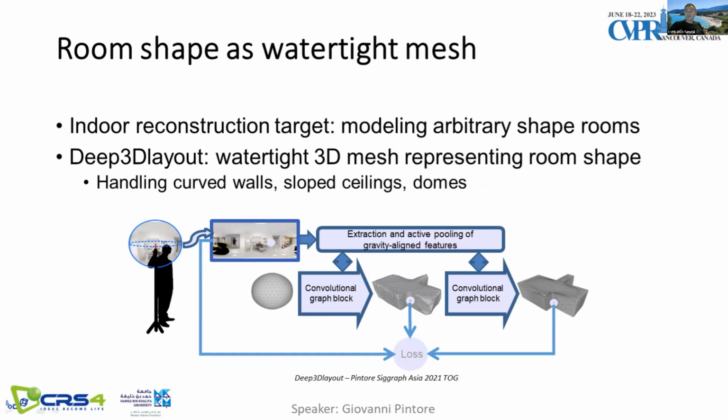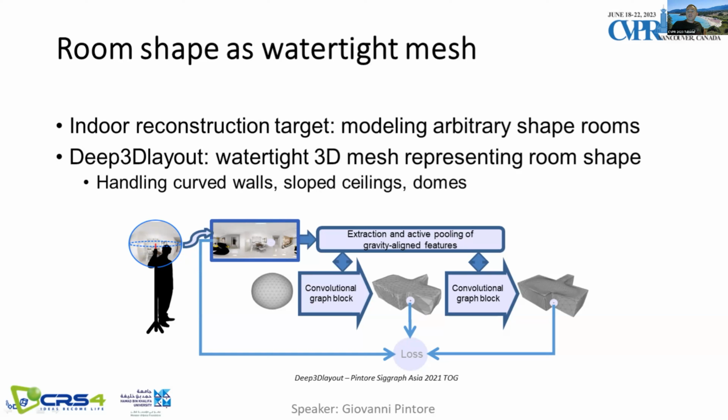Here, the model of a room is an arbitrary shape, and in order to fit our indoor structure, we have to represent the room as a watertight mesh. The pipeline in this example is called Deep 3D Layout, and basically it deforms a watertight 3D mesh, a sphere as an initial object, to approximate the room shape.